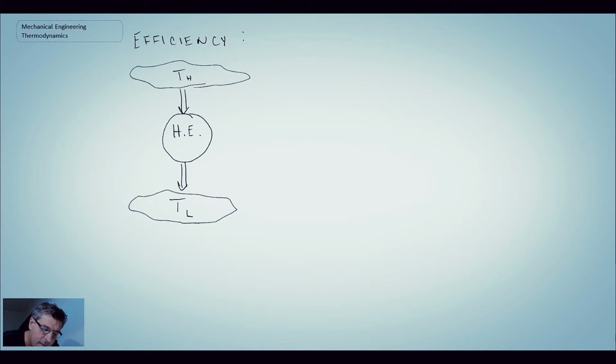We have heat from a high temperature source going through the heat engine, being rejected to a lower temperature sink. In the process, we have net work coming out, and our thermal efficiency is the net work divided by the heat input. And we also said the net work was equal to heat in minus heat out.